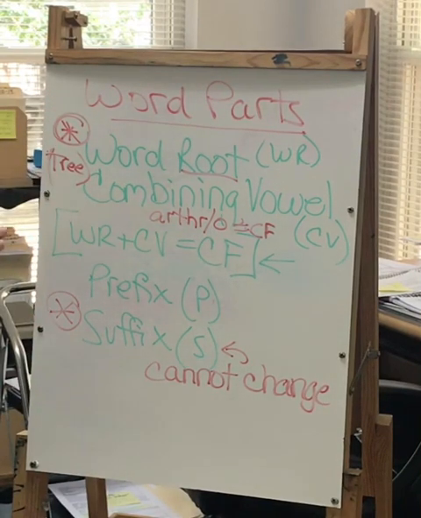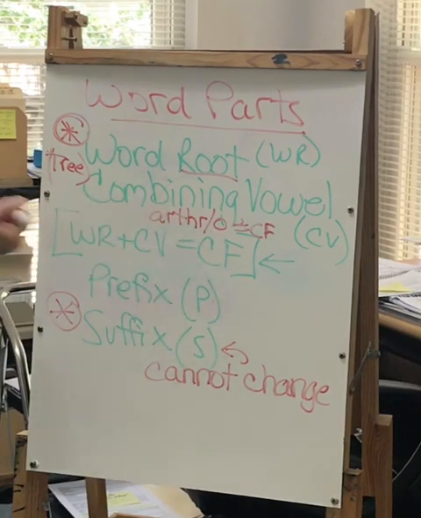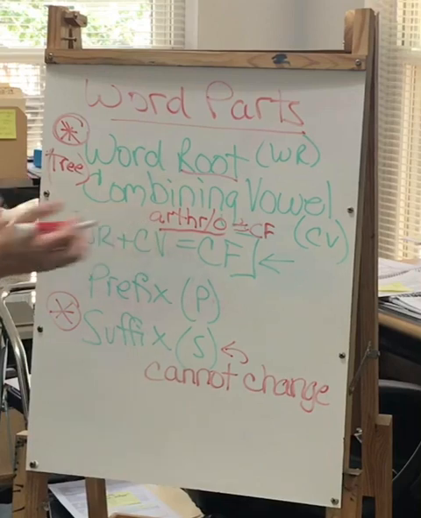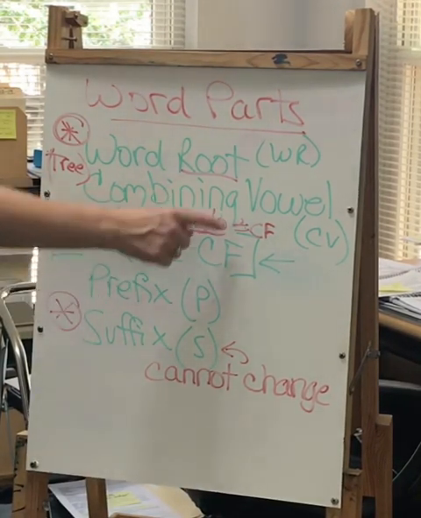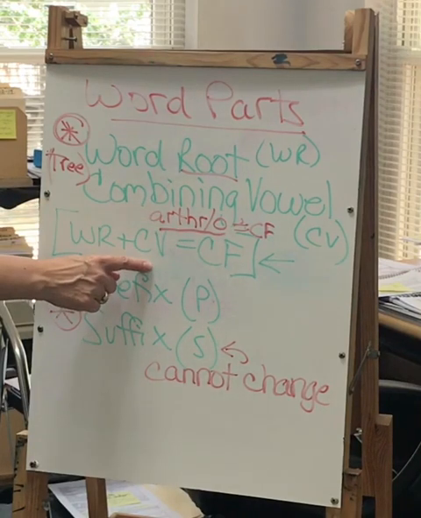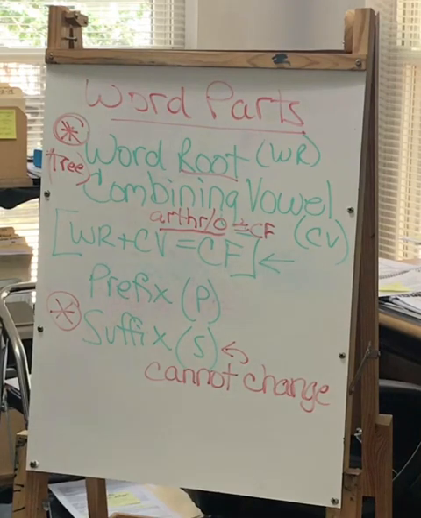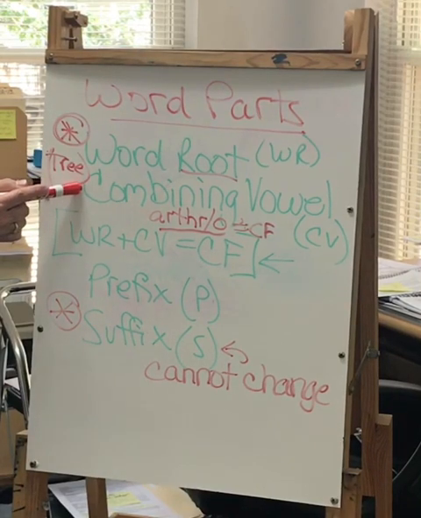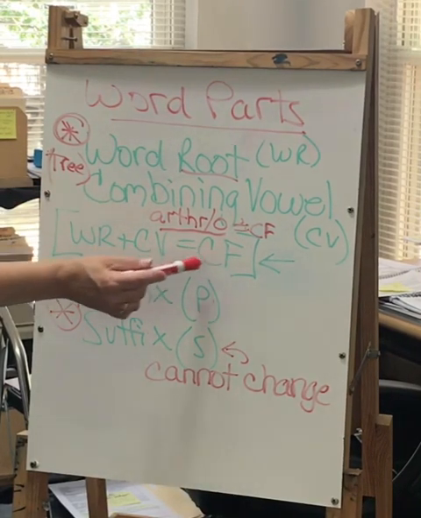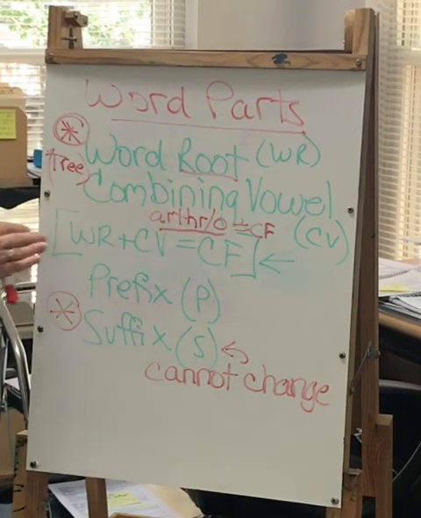So the major takeaway here is that this right here, Arthr / O, you need to know that Arthr is a word root, the O part of it is your combining vowel, and together they make a combining form. Okay, that's your second. So we have word parts. The first one is a word root. The second is a combining vowel. Combining form isn't a word root. It's just like a subdivision, so we're not going to label it as such.